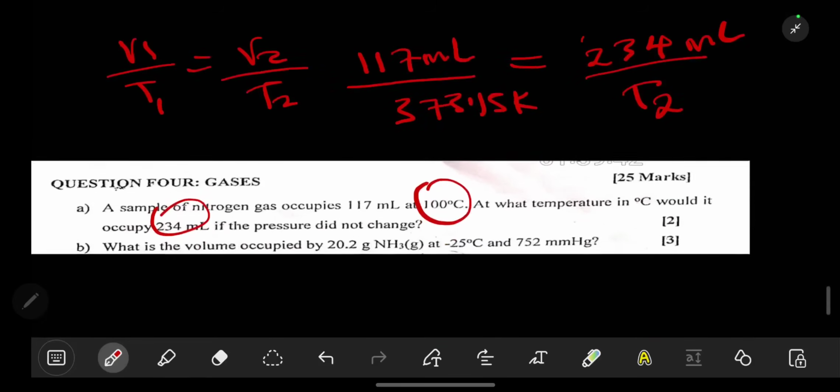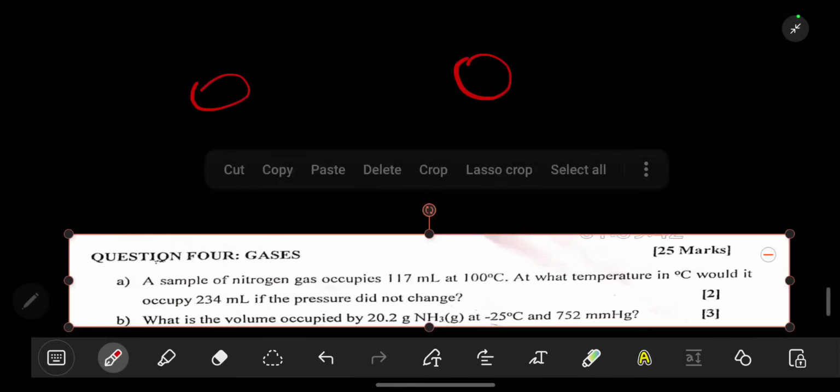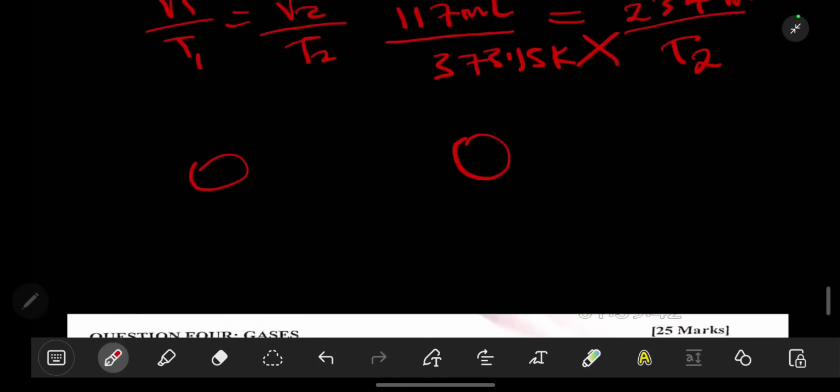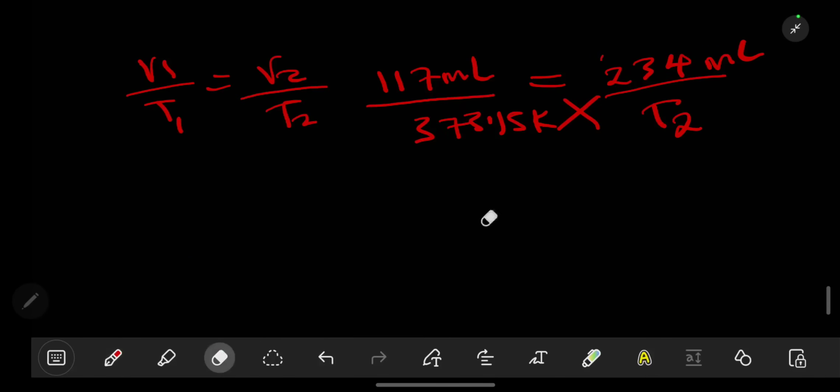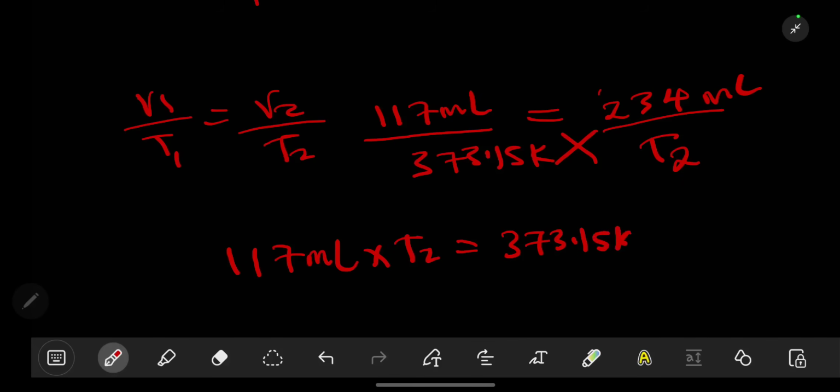All you have to do is cross multiply there, so that this becomes 117 milliliter times our T2 should be equal to 373.15 kelvins.